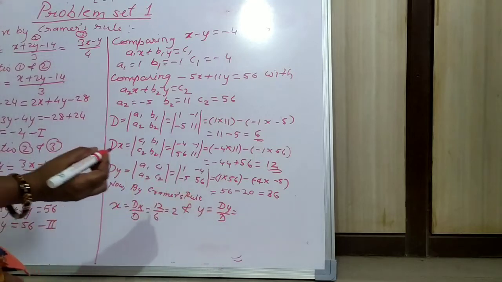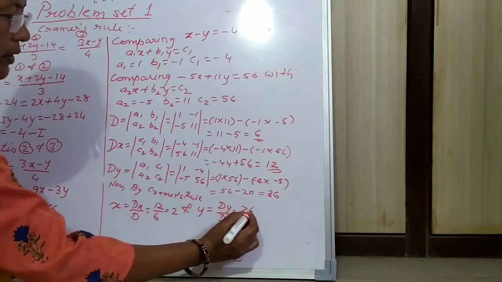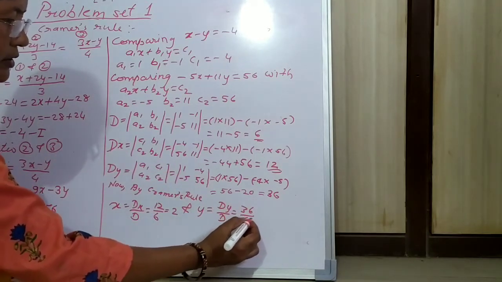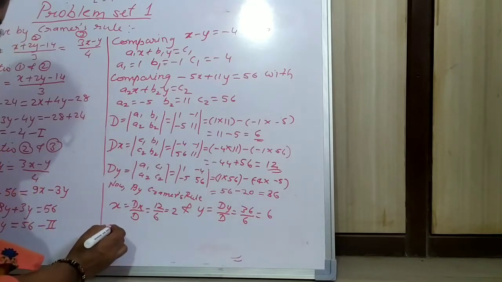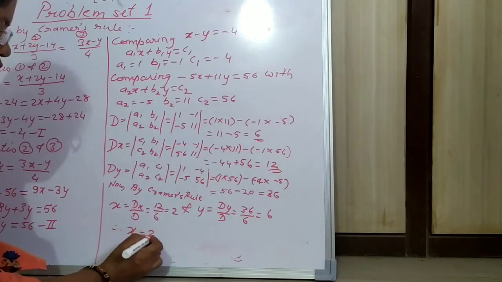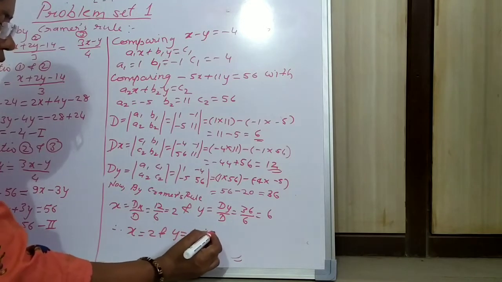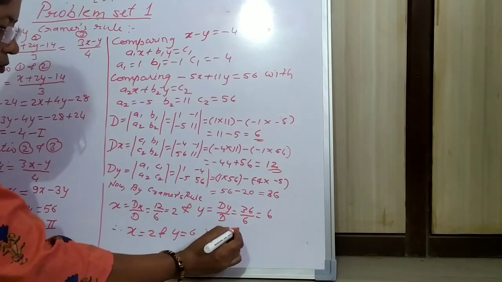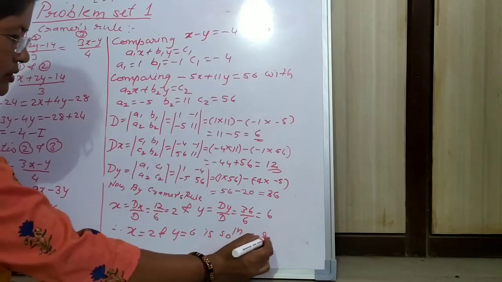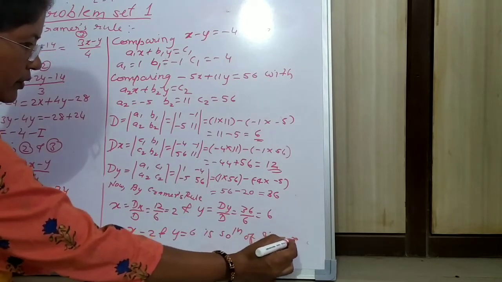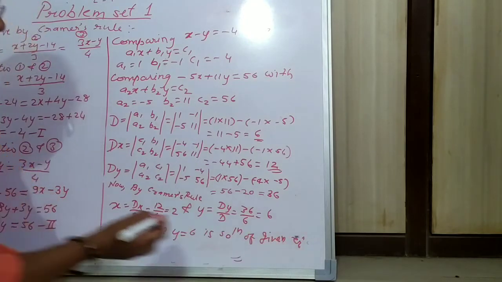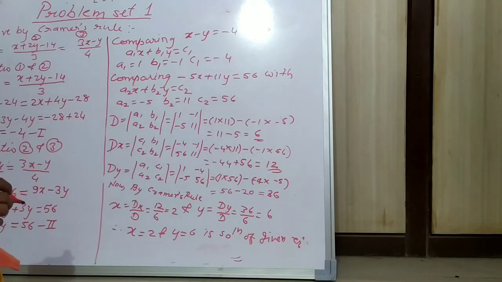Dy is here 36 and d is 6, so that is 6. Therefore x is equal to 2 and y is equal to 6 is the solution of the given equation. So this way you have to solve this full equation.